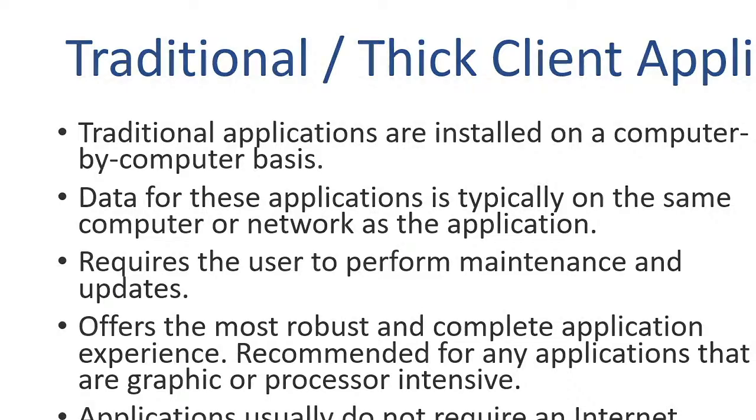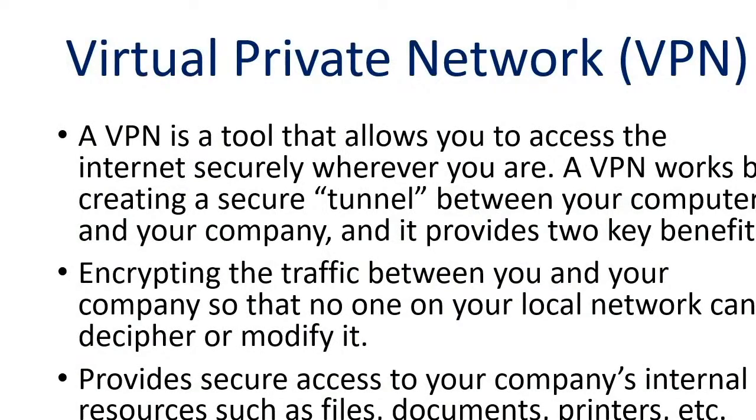Now, if you're going to be using thick clients and you want to be able to work securely, you're absolutely going to need a method of being able to secure that traffic to and from that network. A tool such as a VPN, a virtual private network, is a great way of creating that secured remote access for your company. A VPN essentially creates a tunnel between two computers that are not in the same physical place.